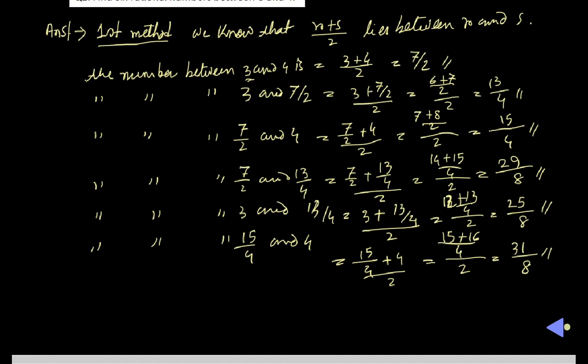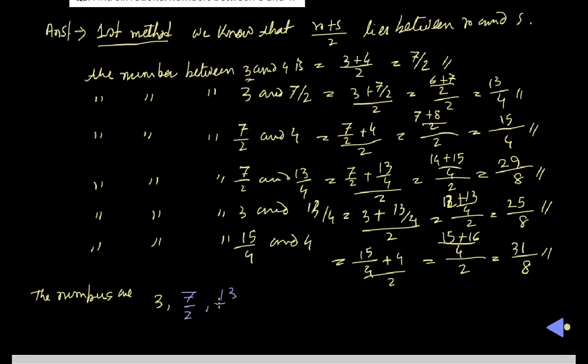So if we write here in this way, the numbers are, the first one is 3. Okay, so next one is, just for demarcation, that is 7 by 2.